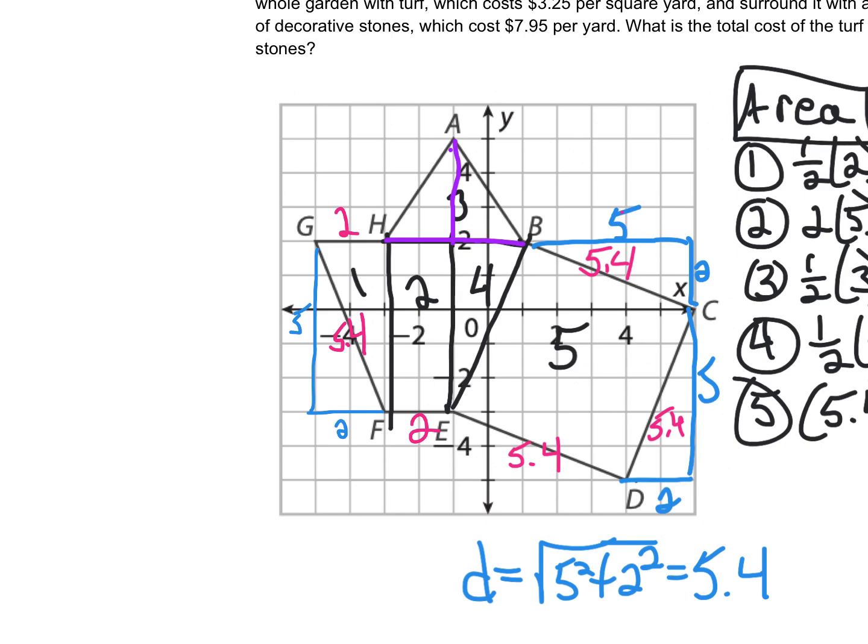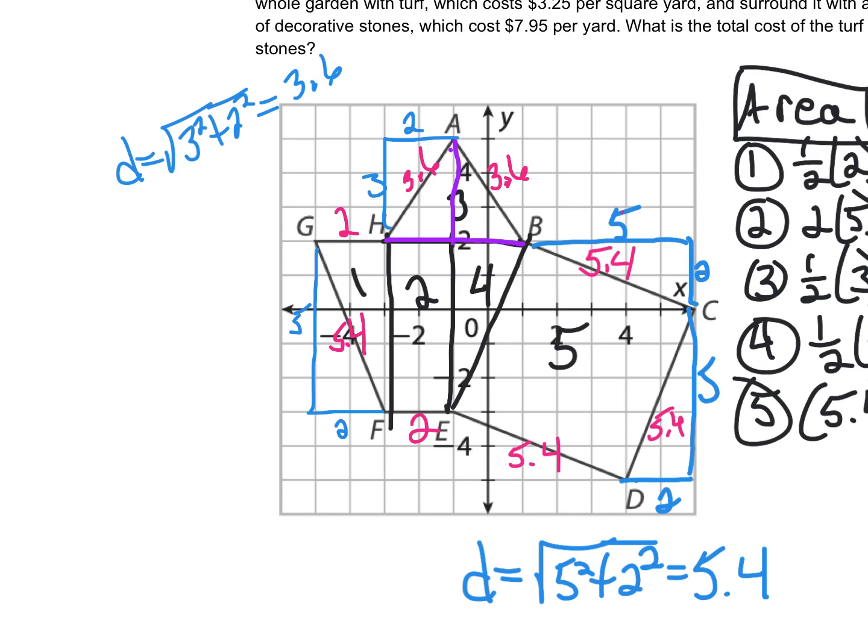And then this one is 1, 2, 3, 1, 2. So distance is 3 squared plus 2 squared, which is the square root of 13, 3.6. So this is 3.6, and this is 3.6. There, I have all my sides done in pink.